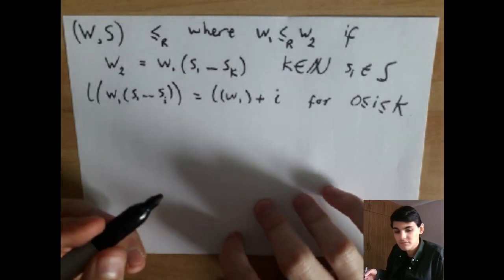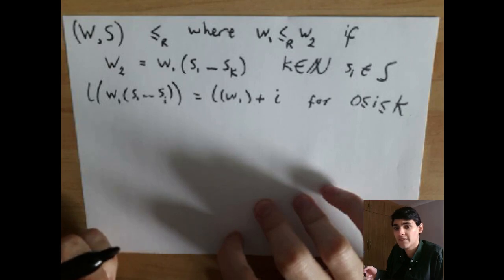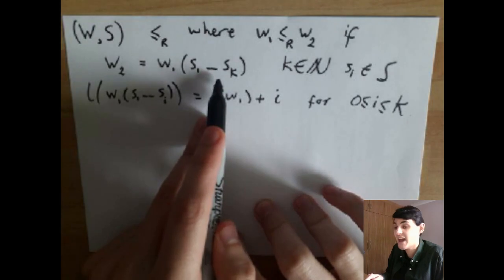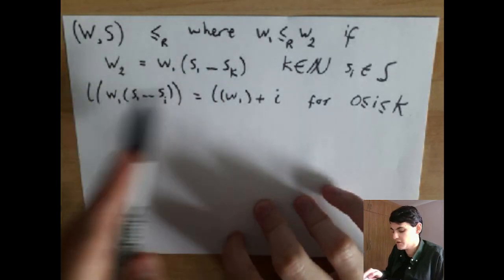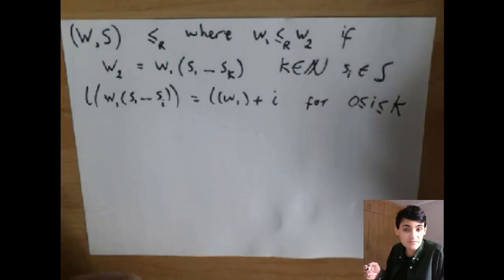And by extension, we would also have that the length of W2 is equal to the length of W1 plus K, because that's what the property says.